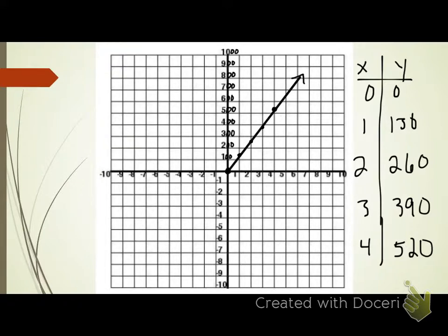I do not want to put an arrow down here, however, because I cannot eat a negative amount of bars. I can only eat 0 bars, or more than 0. So this is what my line would look like. I have now graphed the function from the example. Hopefully that makes sense. That would be a continuous set of data. The previous one was a discrete set of data.